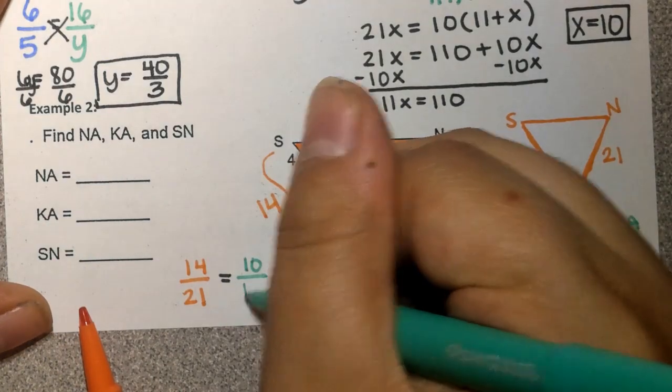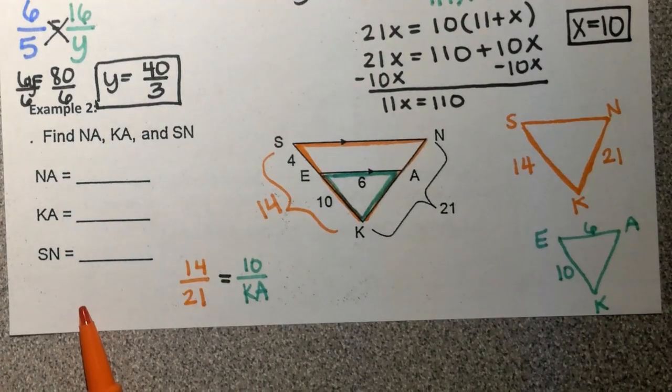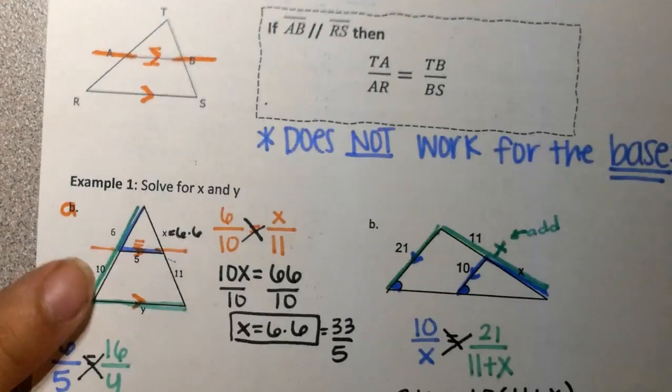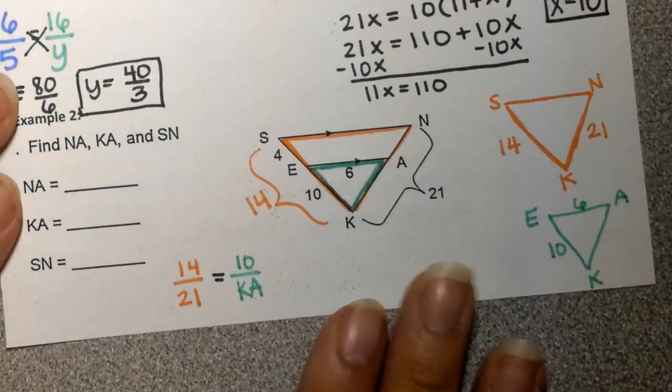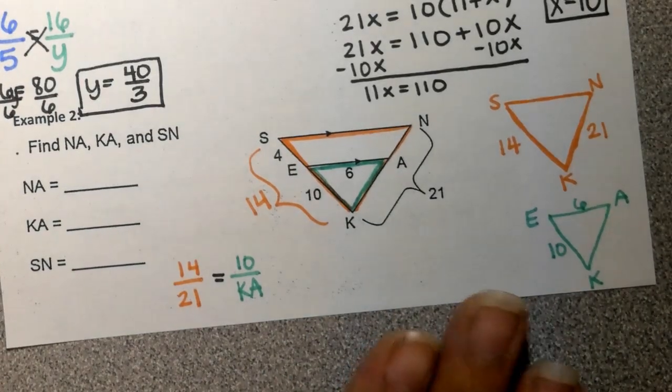I'm going to put KA. Does that make sense how I set that up? So, side splitter is great as a shortcut, but you can always go back to separating them. Side splitter only works sometimes, separating works every single time.